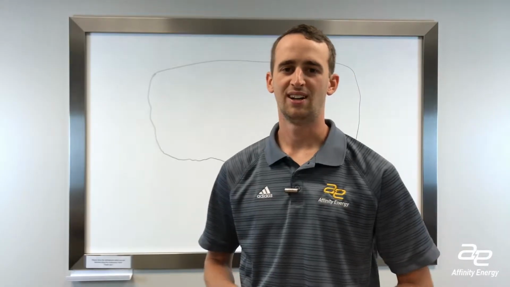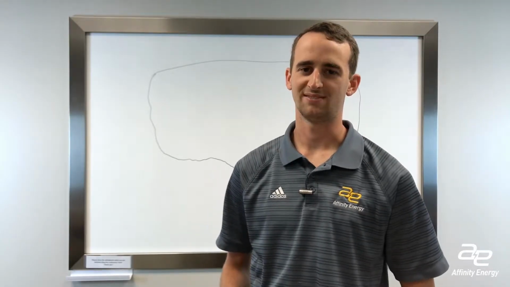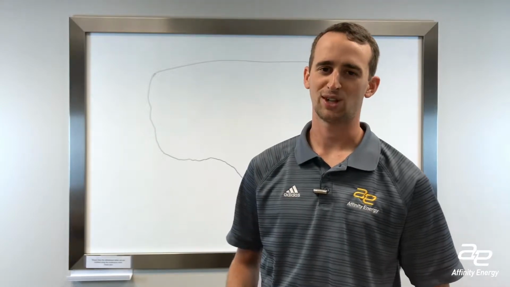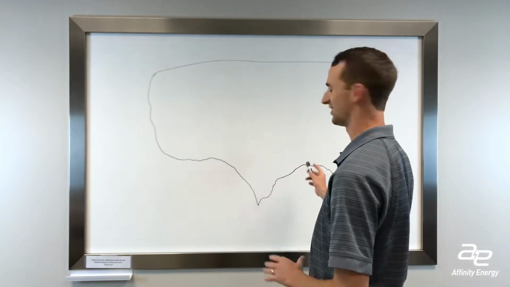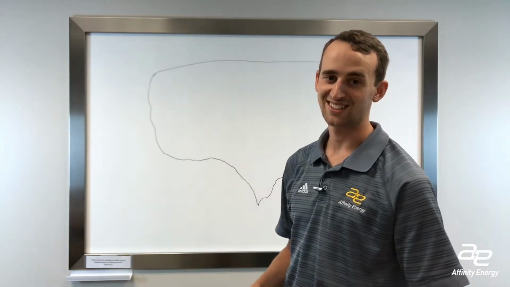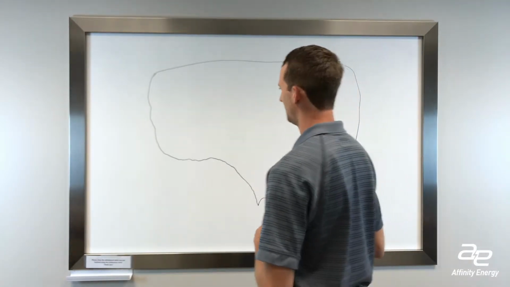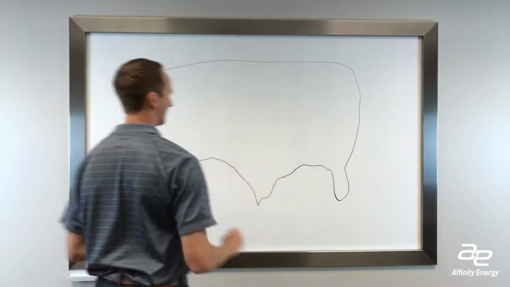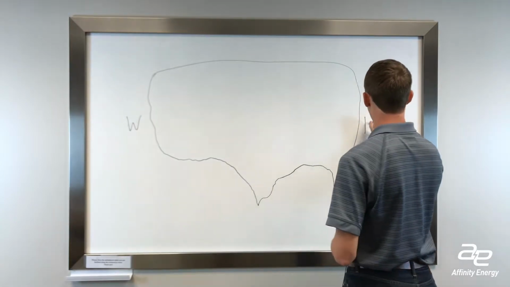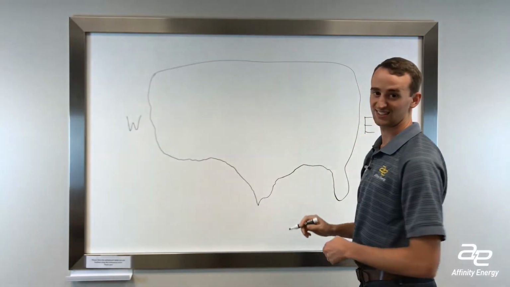So the first factor we want to talk about is the location of your device. So hopefully you're going to be outside because you need the sun. And so we've got here a rough drawing of the United States. And the sun sets over here, which is the west, and rises in the east.